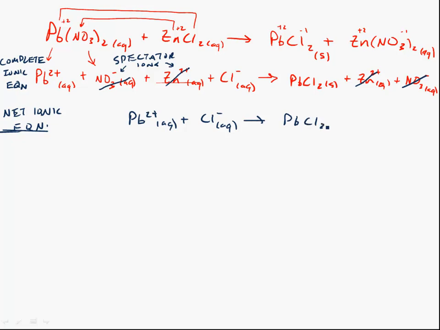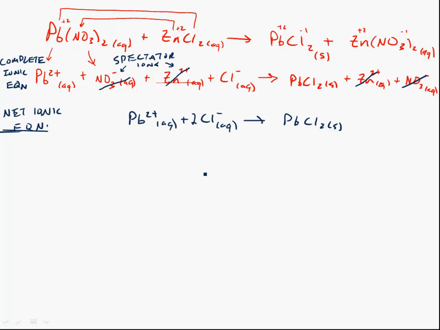And I'll go ahead and balance that. I'll put a 2 in there. So that is my net ionic equation. Those are the two ions that end up actually reacting in my double replacement reaction. The other ones are just hanging out.